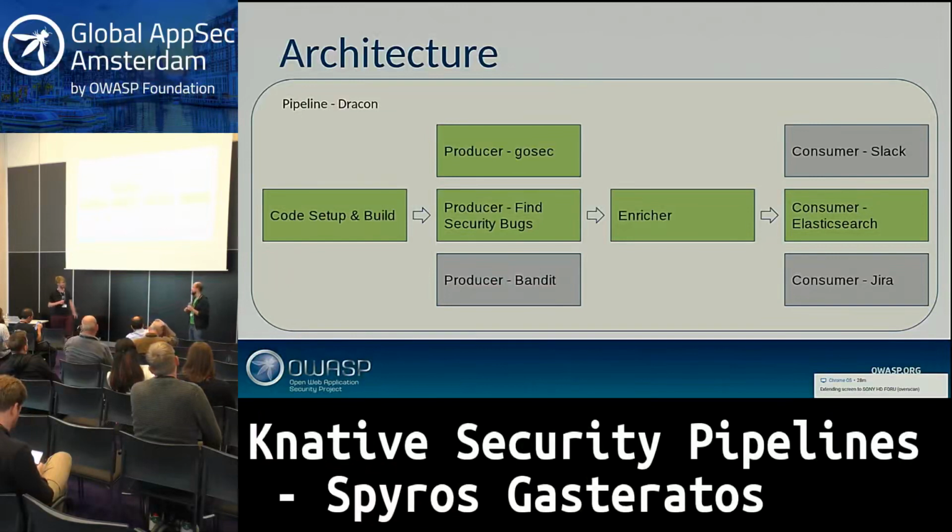Yeah, absolutely. So our feedback loop is we expect the producers to create false positives, but then the enricher is where the logic is to remove that data. We haven't seen a huge need to do this yet, but in the future, I've done it already for Bandit for a couple of things that were very specific to how we write code, and they were always marked as false positive.